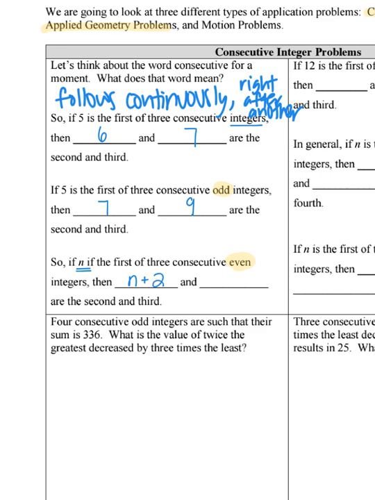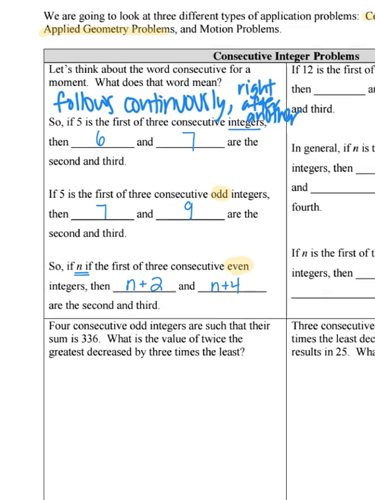So n plus 2 would represent the next even integer. And the one after that, again going back to that original n, I would have to add 4. So then I would have an n plus 4 as my third integer, and I would continue adding 2 each time.